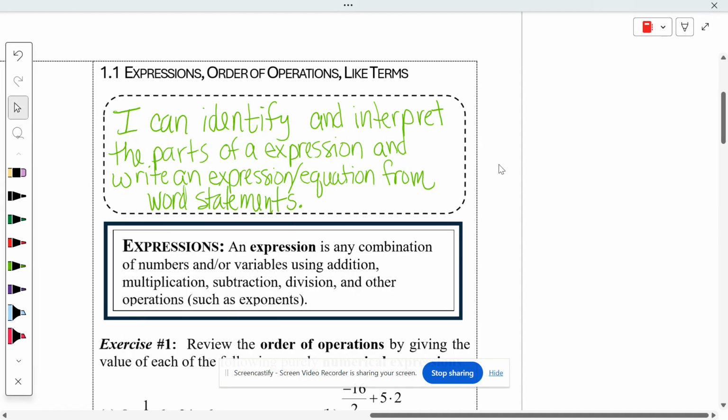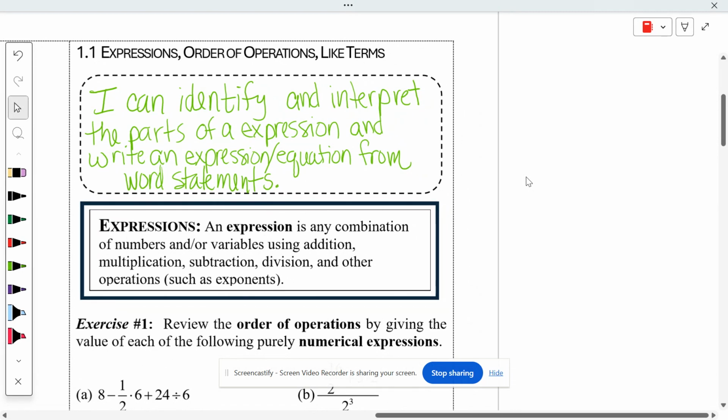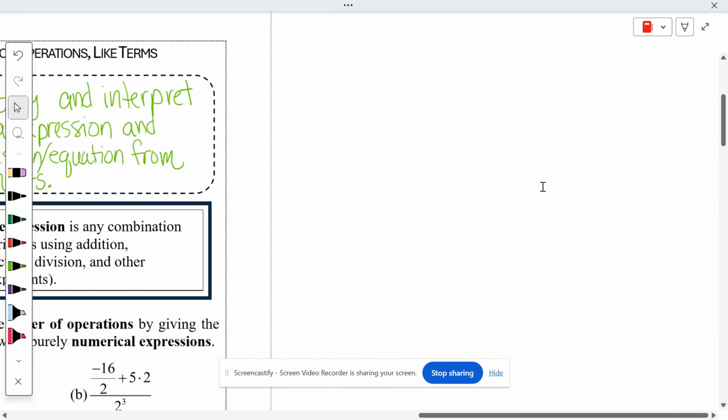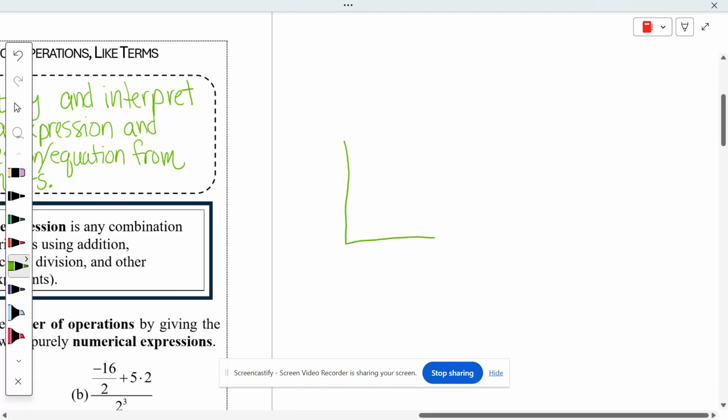All right, so this is a trifold. So the way that this journal actually works, I'm just going to kind of draw it off to the side. This is the beginning of it, the 1.1. You're going to fold right here. And you're also going to fold right here.